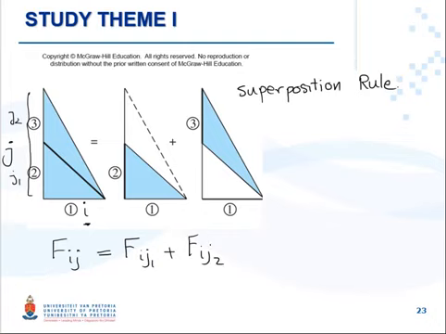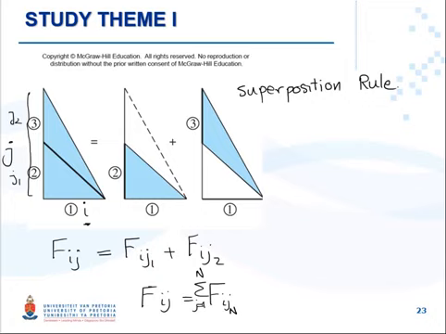Of course it's not just two surfaces, it can be extended: F_ij is equal to the sum over j from 1 to n of F_ijn. So F_ij can be F_ij1 plus F_ij2 plus F_ij3 plus F_ij4 or more.